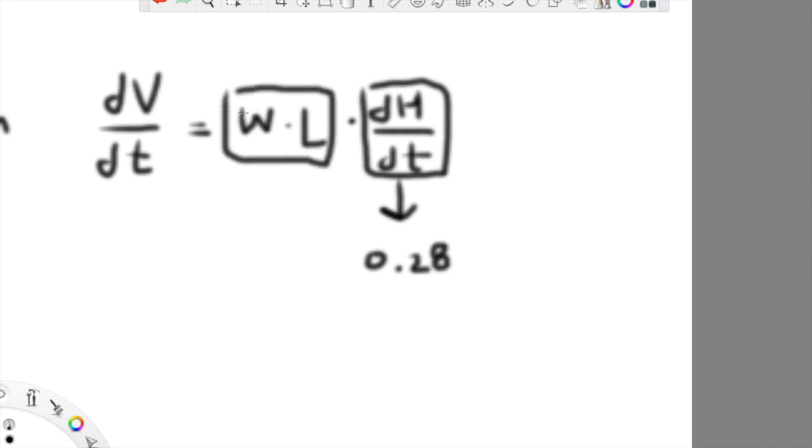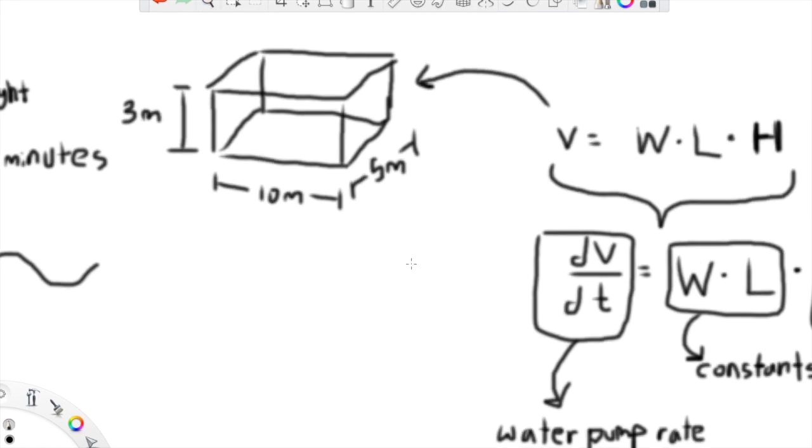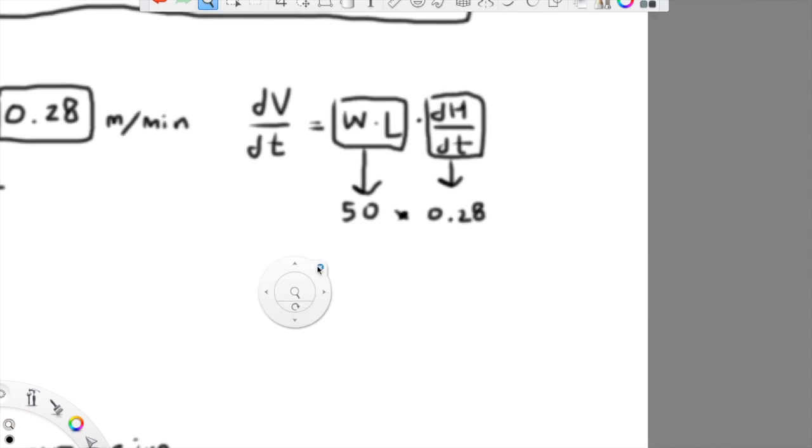Width times length is 60 according to the pool dimensions. And then once we multiply them, we will get 14. And that is our rate at which the water is pumped.